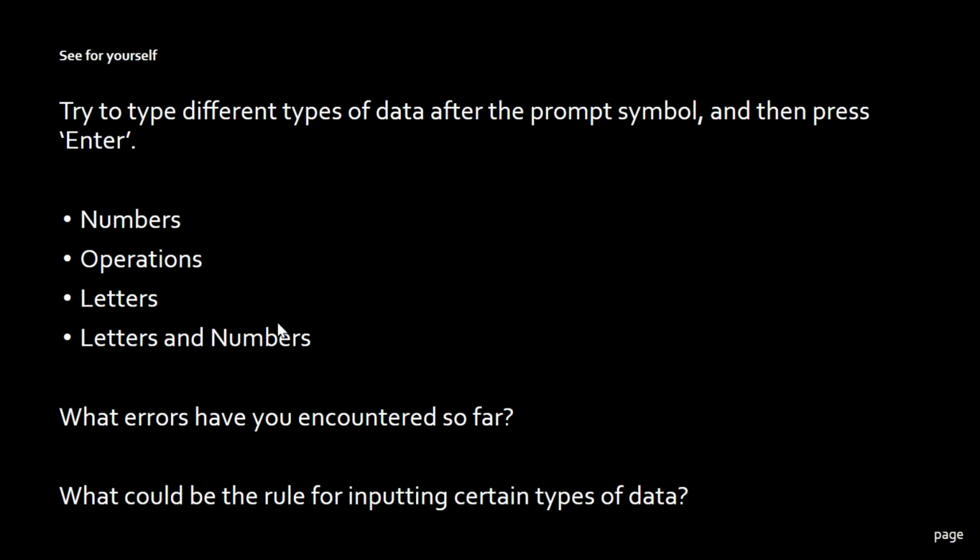If you encounter a certain error, please take note of those errors. As much as possible, write them down, take a screenshot, or have a document that will contain all your errors for later reference. What could be the rule for inputting certain types of data? I want you to find your answers as you try out the interactive mode.